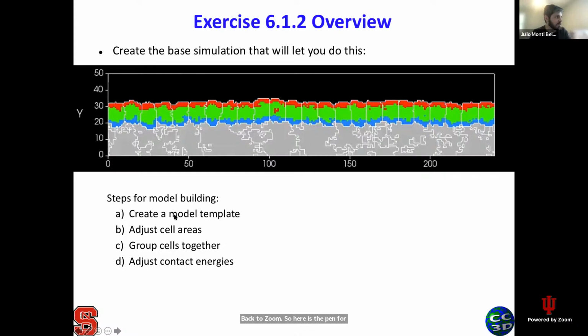We're going to create a model template, adjust cell areas, group cells together, and then adjust the contact energies just like we had before, except for the cell division part. You're going to follow the same rules. So this is going to be an exercise for you to get really good at choosing internal versus external contact energies, okay? And all the different strategies to make a model reach stable conditions.